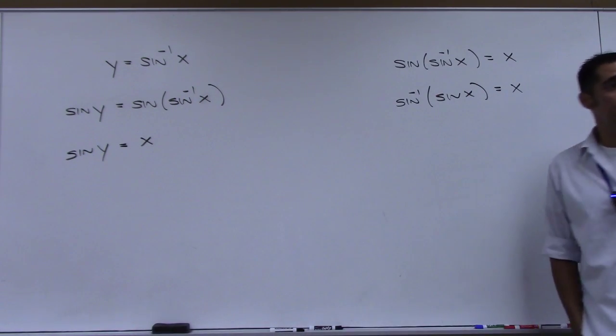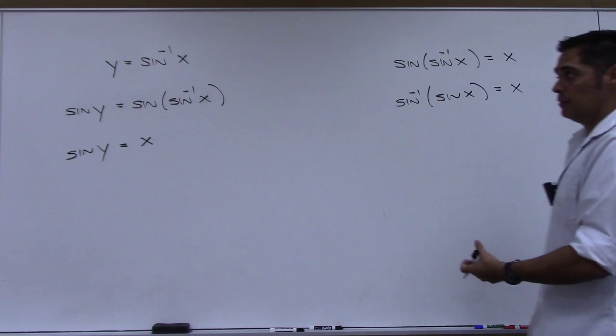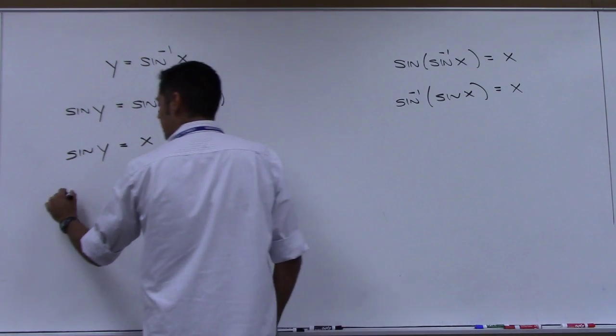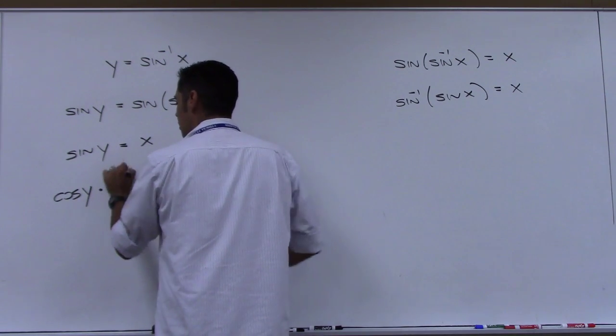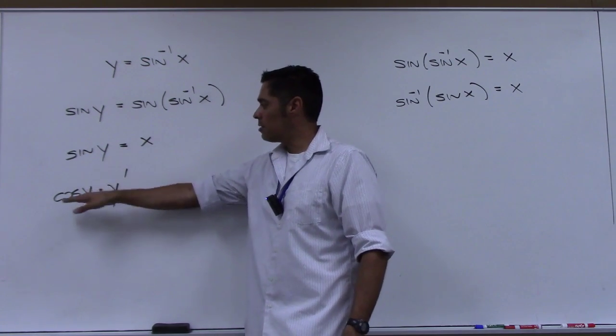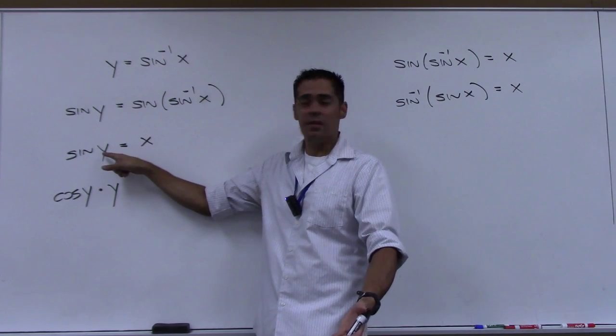And what do you think I'm going to do with that? Differentiate with respect to x. I'm going to want to find dy dx. Everything's going to be differentiated with respect to x. So the derivative of sine of y is cosine y times y prime. Very good. Do not forget the chain rule: the derivative of sine of something is cosine of it, then the derivative of what's inside, the derivative of y with respect to x, is y prime.